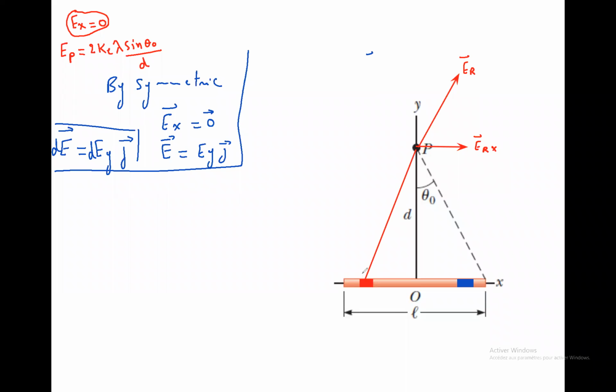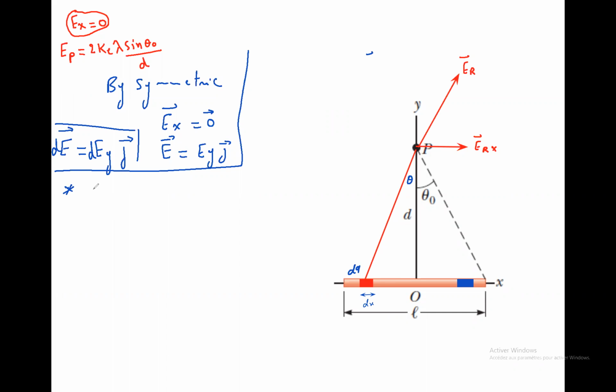Here what we have is a small charge dq. dq has a length dx because we are on the x-axis. Here we have dx. This one has an angle theta with the vertical. Okay, we said the steps we have to follow.